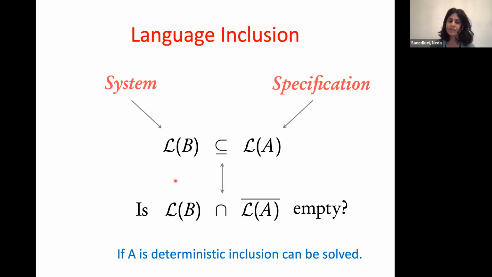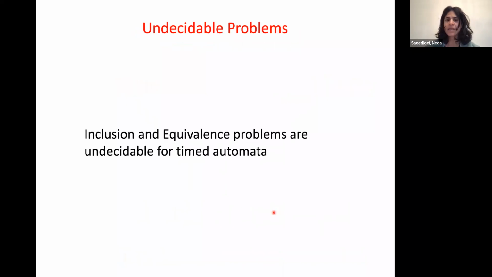But this is equivalent to checking whether the language of B intersected with the complement of the language of A is empty. It turns out that the complement can be computed only when the timed automaton is deterministic. Therefore, inclusion and equivalence problems in general are undecidable for timed automata.